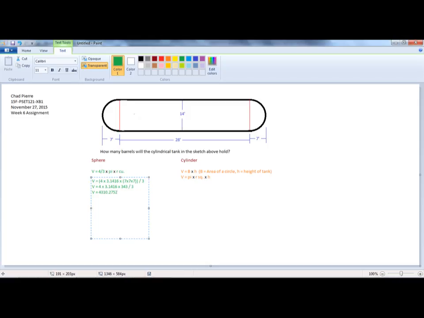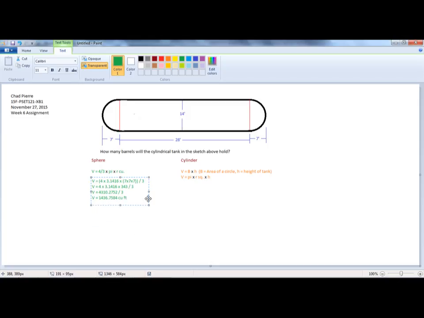I'm using decimal points to get as close as I can to the actual number. For the sphere, we divide that by 3. So our total volume for our sphere is 1,436.7584 cubic feet. That's the first part done.